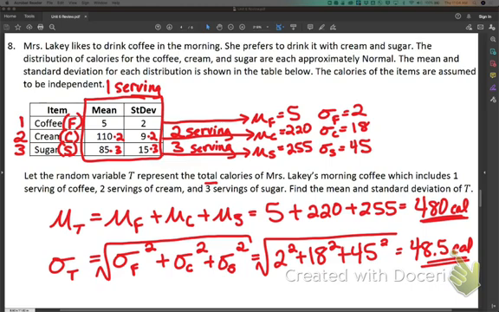So I should not be surprised if my coffee has 500 calories in it. I should not be surprised if it has 450 calories in it, but I should be surprised if it only has 400 calories in it, or if it has 550 calories or more. That's number 8.